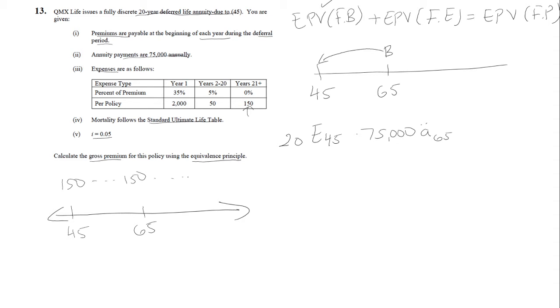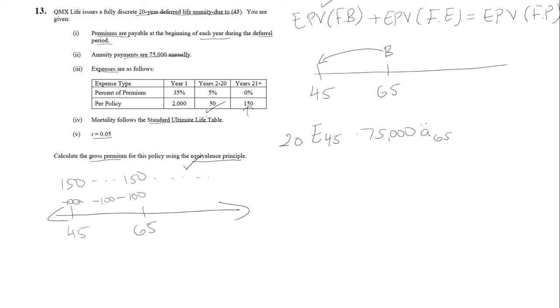So if we have 150, that's going to be good in this region, starting at year 21 and up. Now, for years 2 through 20, it has to be 50 per policy. So we have to subtract 100. So we're going to subtract 100 from 45 all the way to 65. Okay, so that's taken care of.